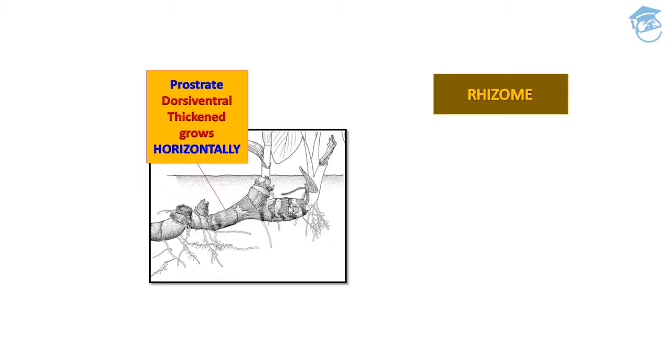Rhizome. This is prostrate, dorsiventral, thickened, and grows horizontally. So this is the rhizome, which is a modification of stem, students. See, these two are nodes, and this is the distance between two nodes, and it is called the internode.